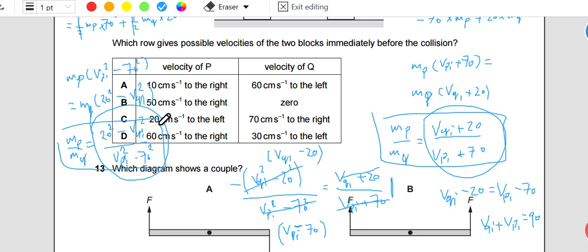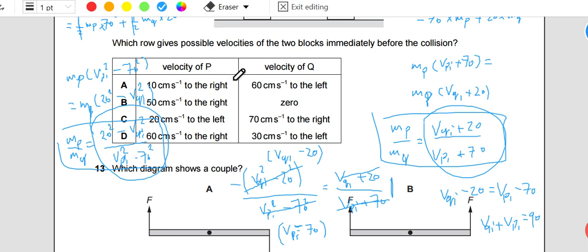Here 20 to the left, which is minus, and 70 to the right, which is positive, so it is positive 50, again not equal to 90. 60 to the right, positive 60. 30 to the left, minus 30.